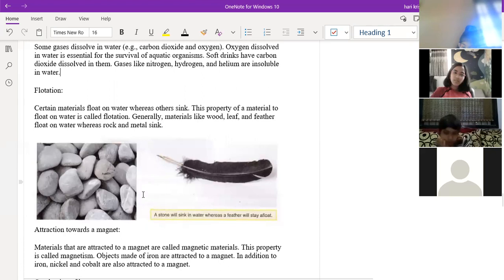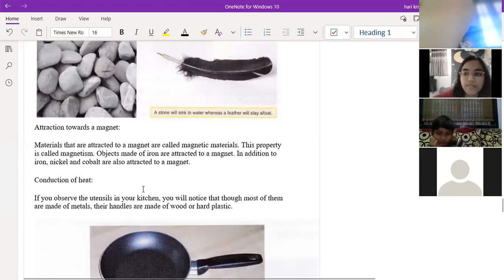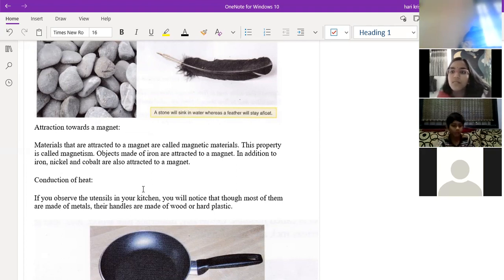Floating stones, this we didn't do. Magnetic separation: if you take some objects, some will be attracted by magnets, but other objects will not be attracted by the magnet.